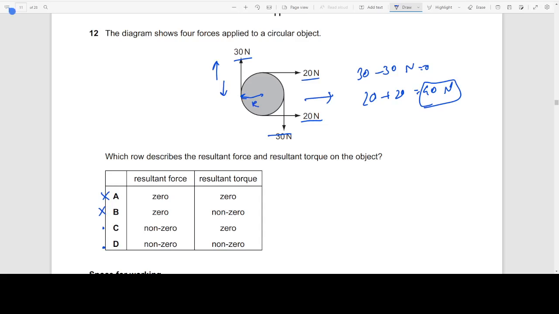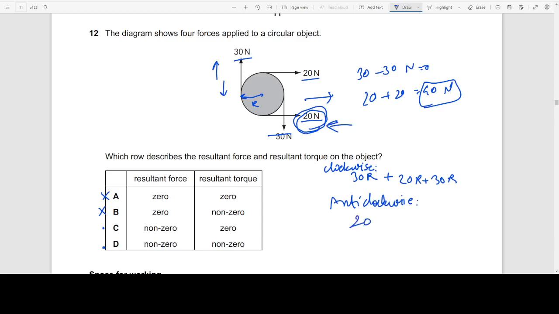So we have 30R plus 20R plus 30R as clockwise moments, and the anticlockwise moment is just the torque because of this 20 Newton force, which is 20 into R, because this is also R and this is acting anticlockwise.